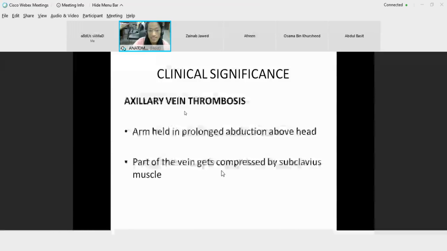When the axillary vein is compressed, there will be clotting of the blood in that part of the vein, and that is known as axillary vein thrombosis. This is the clinical significance of axillary vein.